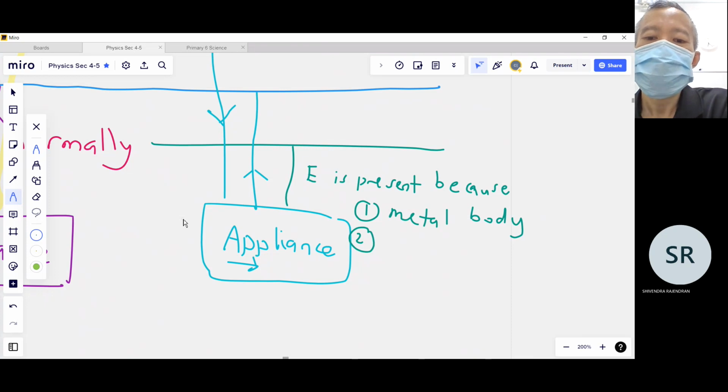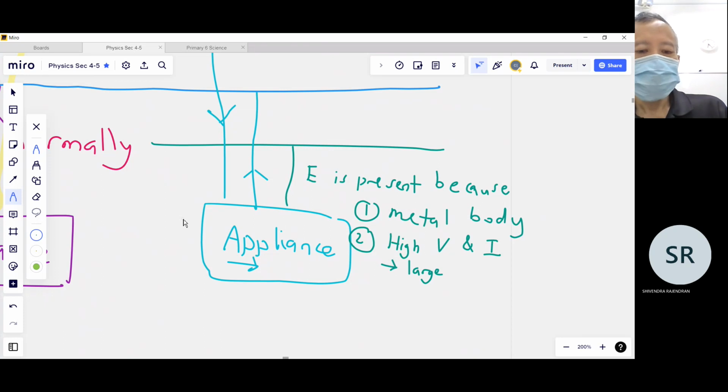Second, as mentioned just now, a small appliance was low voltage, low current, but a big appliance is likely to have high voltage and current. In other words, it presents a greater electrical hazard.